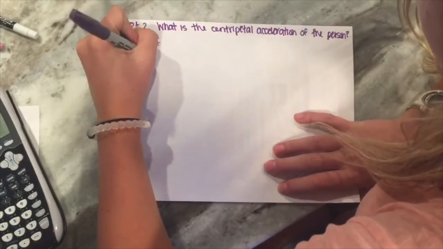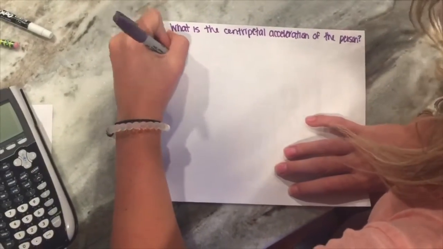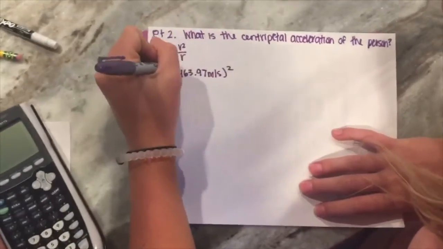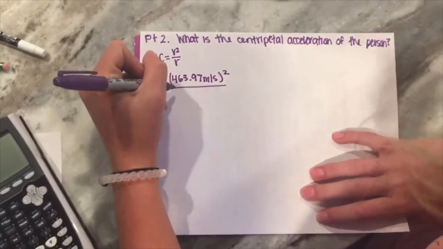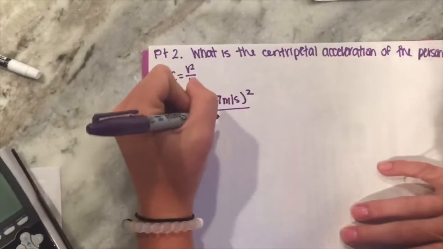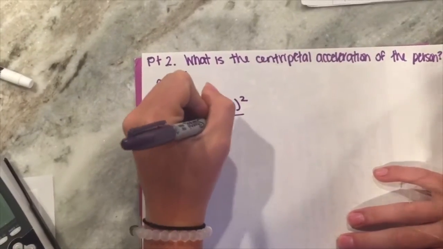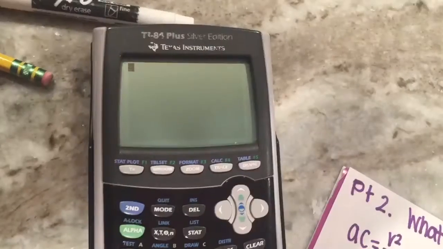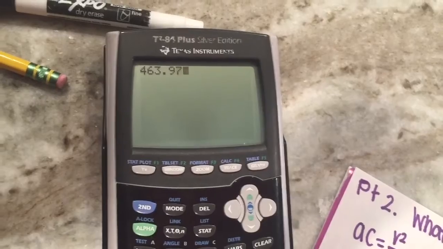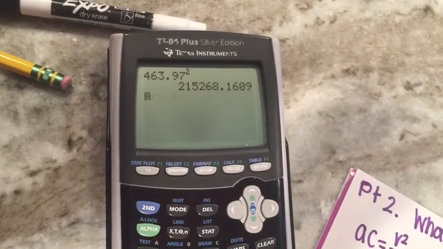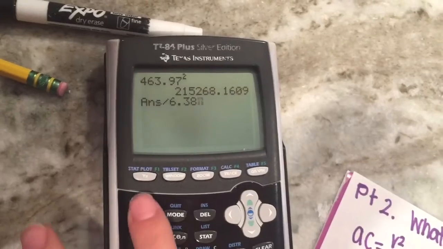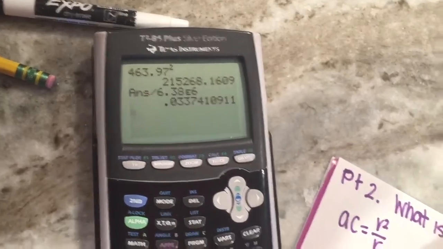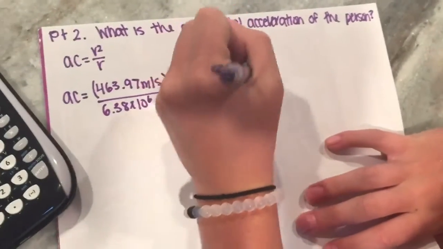I did AC equals 463.97 meters per second squared over 6.38 times 10 to the 6th meters. The answer is 0.03 meters per second squared.